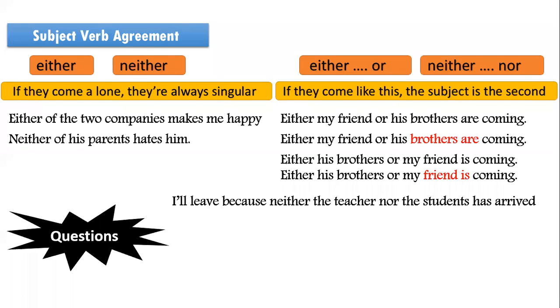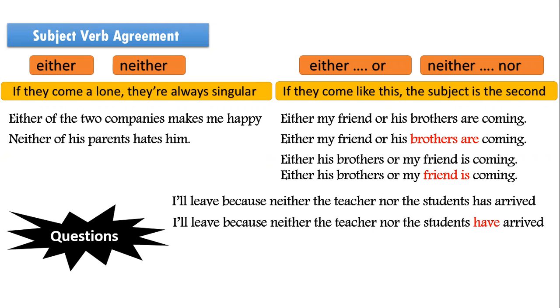Change "has" to "have" because the subject is students. Does everybody agree on that? Yes, correct, Ahmed. The subject after the word nor is plural, students. So students have arrived, not has arrived.